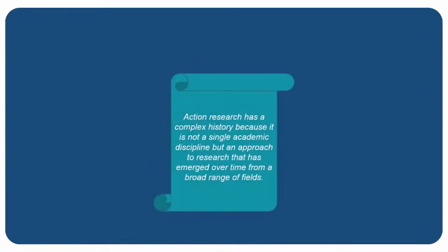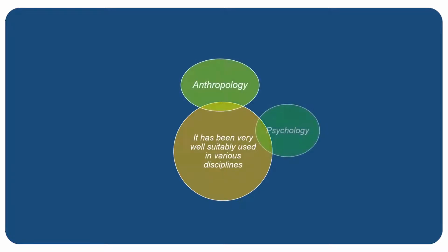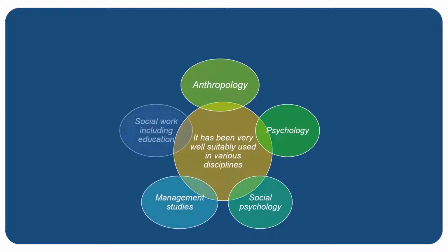Action research has a complex history because, as we all know, it is not a single academic discipline, but an approach to research that has emerged over time from a broad range of fields. It has been very well and suitably used in various disciplines like anthropology, psychology, social psychology, management studies, social work, including education.